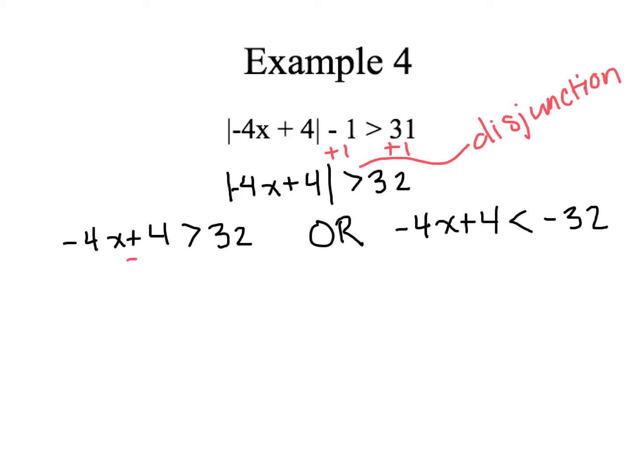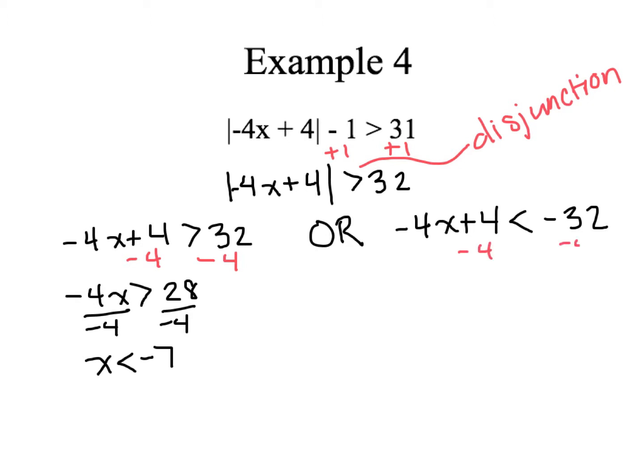So subtract 4, and I get negative 4x is greater than 28. Divide by negative 4. Okay, so I'm dividing by a negative. So I get x is less than negative 7. Or, let's solve the other one. Subtract 4 from both sides.